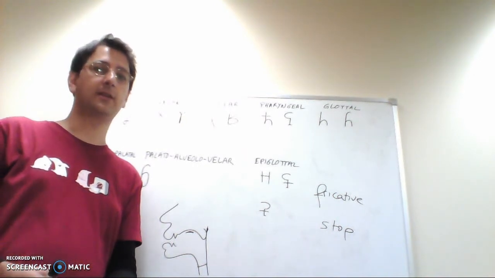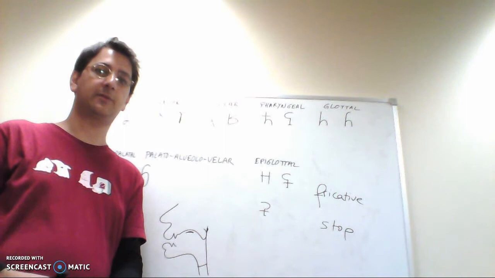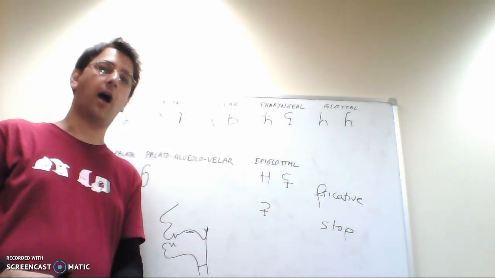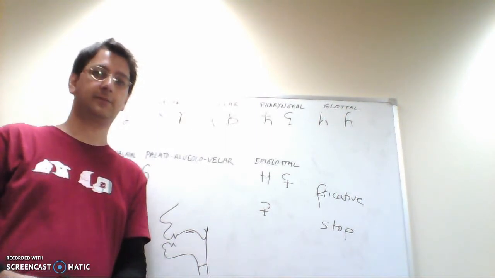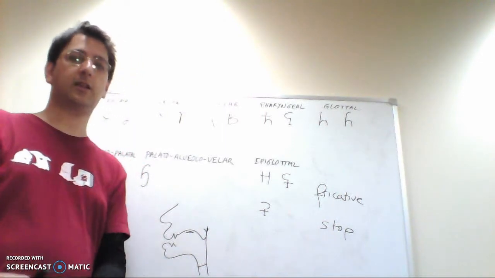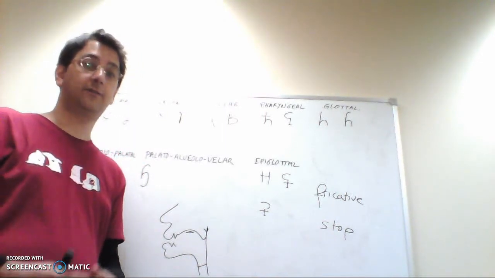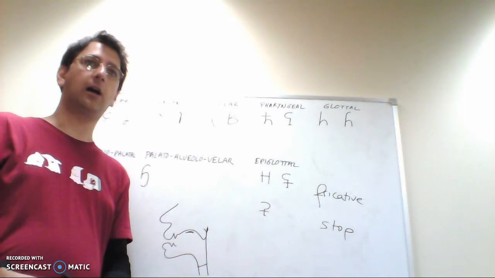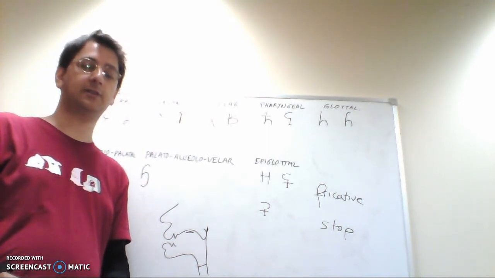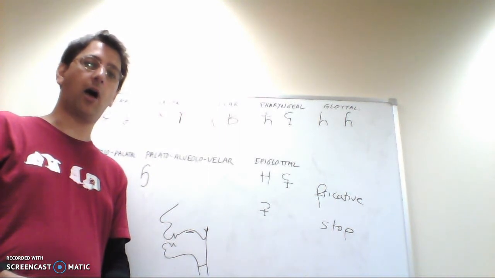So that would be the epiglottal stop, right? Ka, aka, aka, ak. All right, and then you can get the fricative, the voiceless one, ha, aha, aha, ah, or the voiced one, ra, aga, aga, ag.